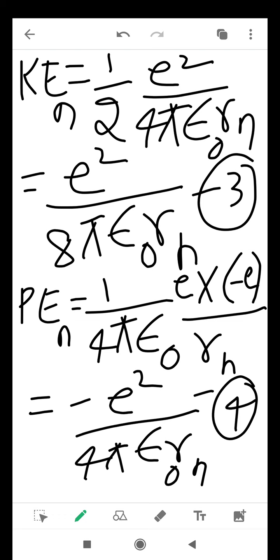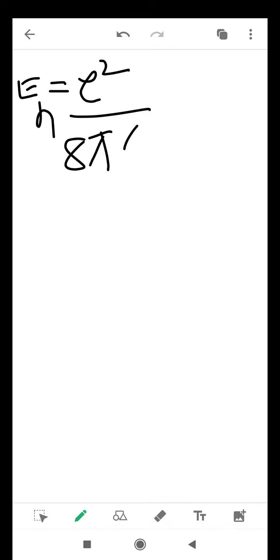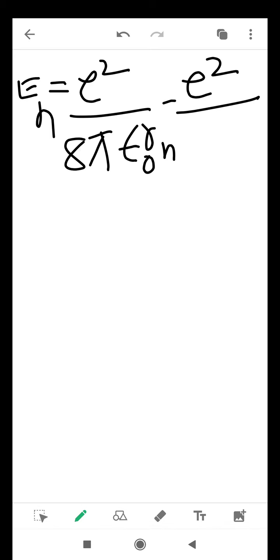Now let us substitute the expressions for kinetic energy and potential energy in equation number 1. So equation number 1 becomes En is equal to the kinetic energy expression e square divided by 8 pi epsilon naught Rn, minus e square divided by 4 pi epsilon naught into Rn.